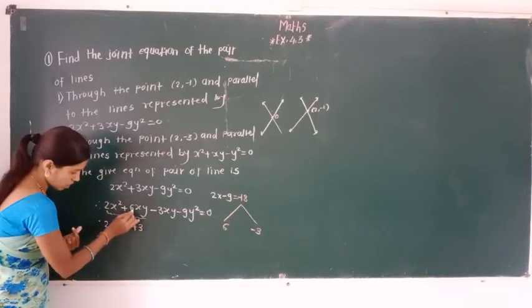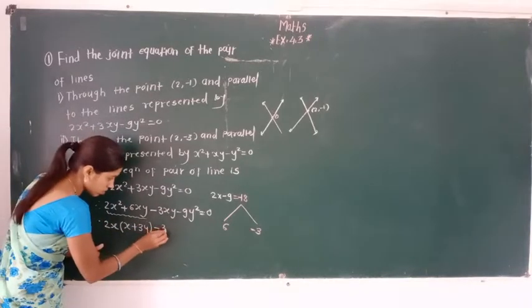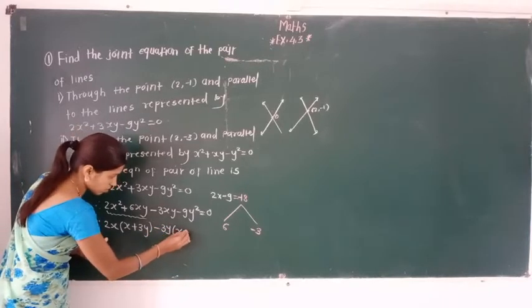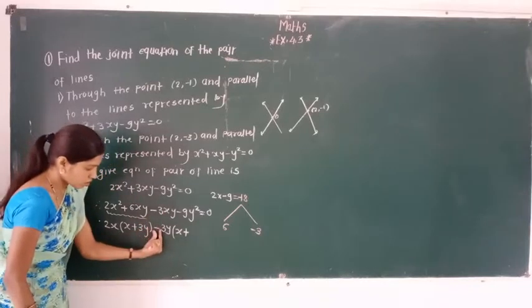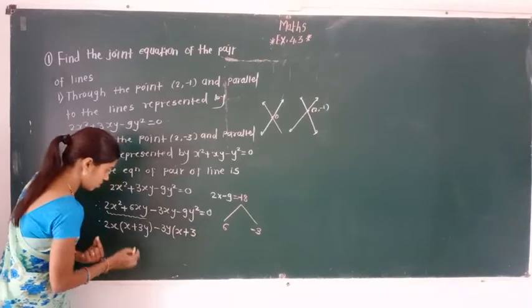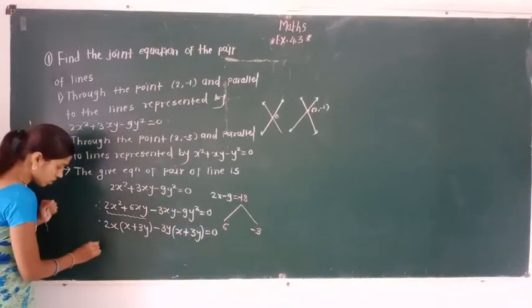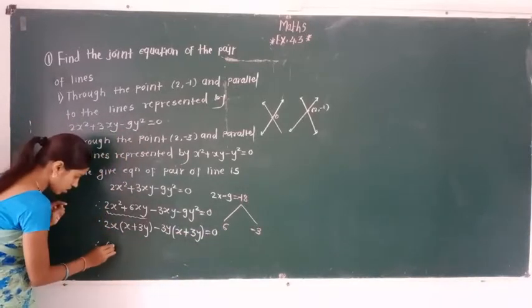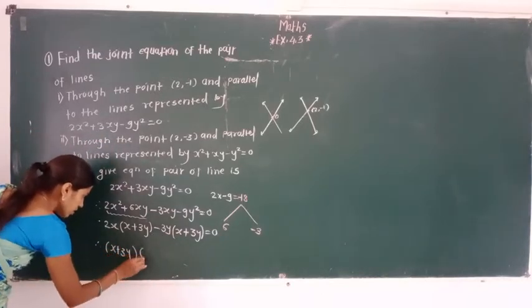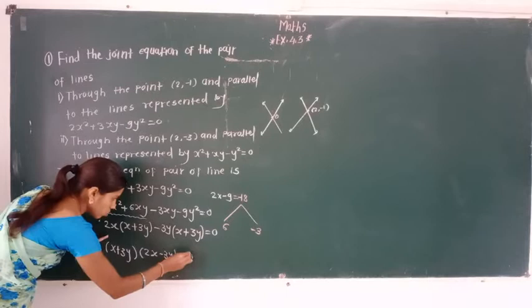Then take a common factor of these two terms, 3y in bracket, we can write (x + 3y), taking minus sign common. Is equal to 0. Now again take a common factor of these two terms: (x + 3y) is the first bracket, and the second bracket is (2x - 3y) = 0.